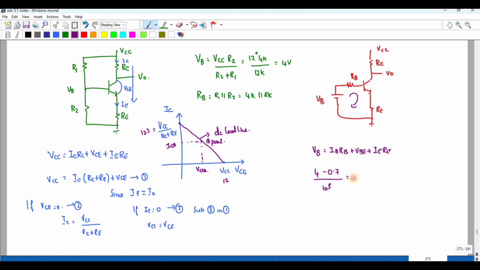So I can find the value of IE now. IE is approximately IC, so that is ICQ. On solving this, I will get 3.3 milliampere.